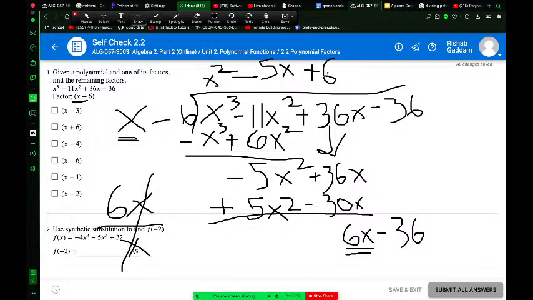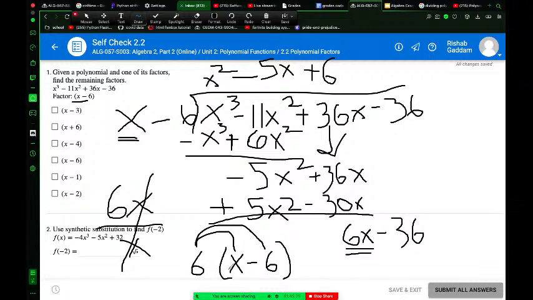And now you have to multiply 6 times x minus 6. So you do 6 times x minus 6. Okay, so what do you get? So 6 times x is 6x, right?